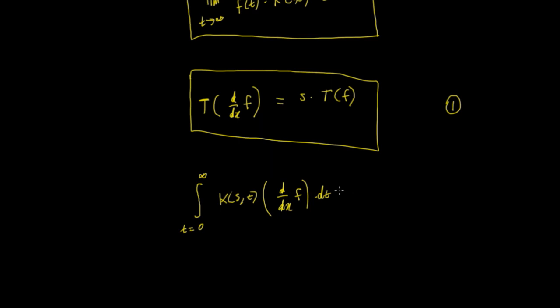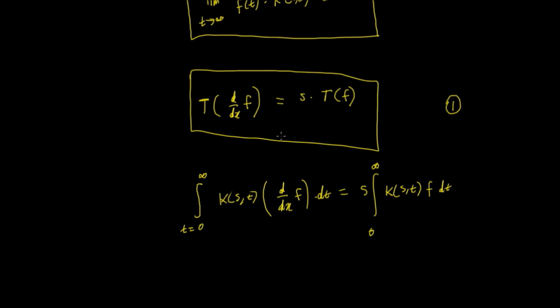That's the left-hand side, and we want that to equal the transform of the function times s, so there's our s. The transform of the function again is the integral from 0 to infinity of k of st times our function f, all by dt. That's just a statement of what we want to occur.